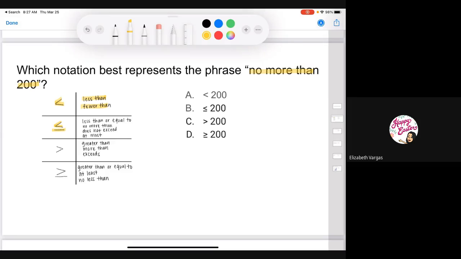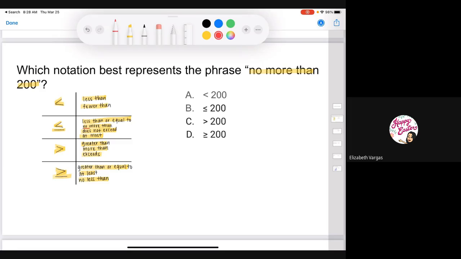This would be less than or equal to. So less than or equal to could also mean no more than, does not exceed, or at most. The greater than symbol would be greater than, more than, exceeds. Greater than or equal to could be at least or no less than. So these are the different terms that we might see whenever we're being asked to represent these symbols.